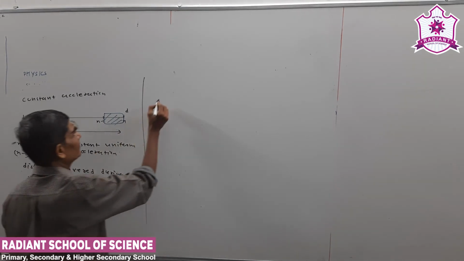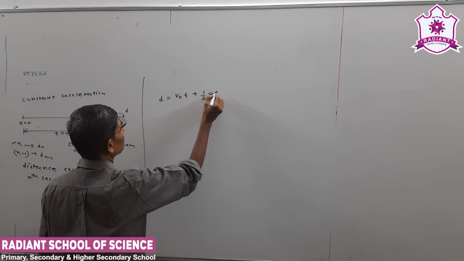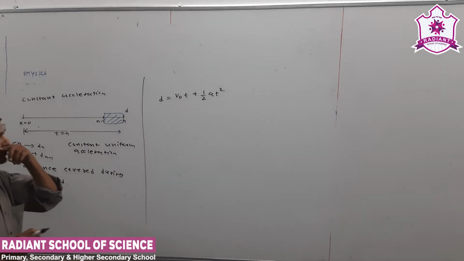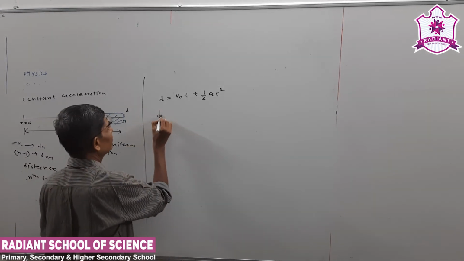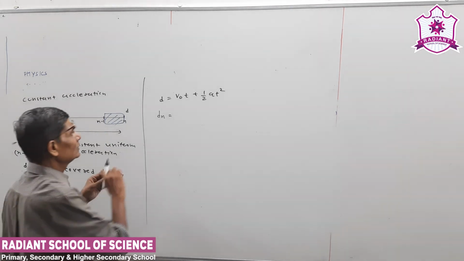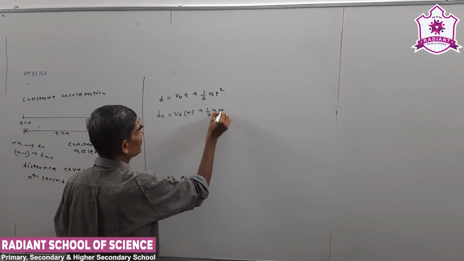Now we use the formula. See, what is our formula for the motion with a constant acceleration? d is equal to v0 t plus half a t square. Now this we have used a number of times. Now first if I write for dn, that is the distance covered in n seconds, this will be v0 n plus 1 by 2 a n square.